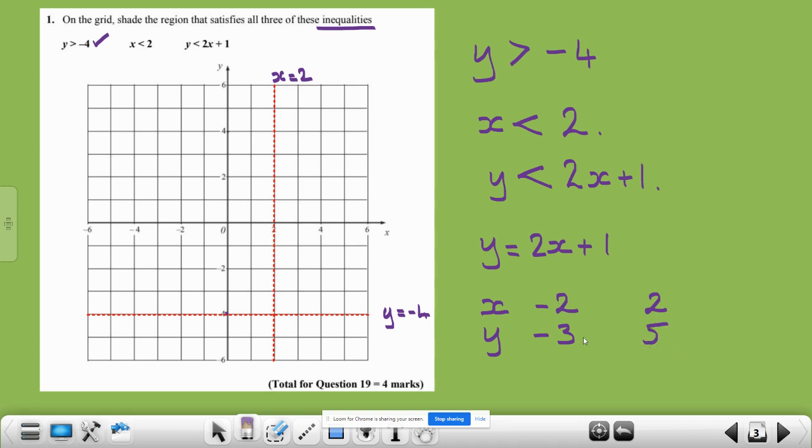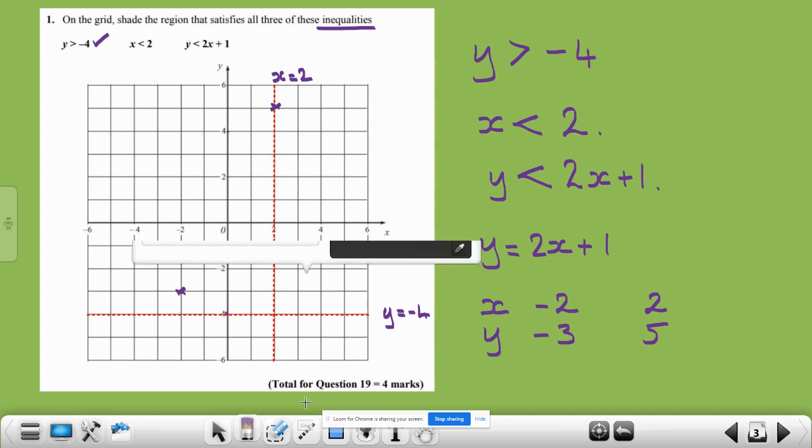And there we have two coordinates to plot. So when x is minus 2, y is minus 3. And when x is 2, y is 5. So there's our 2 points.